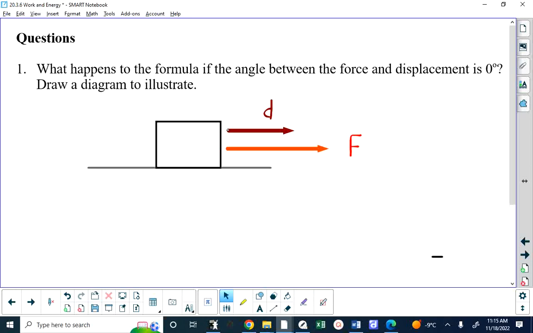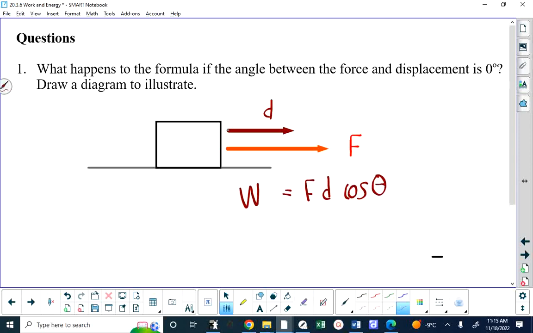So what happens to this formula? What happens to work equals F D cos theta? Can you forgive me for not putting all the vector symbols and absolute value signs? We're just worried about amounts here. Well, this would be F D cos 0 degrees.